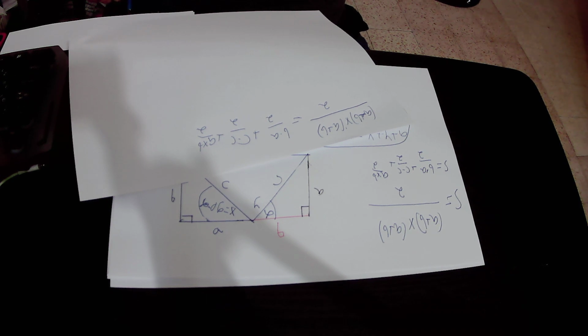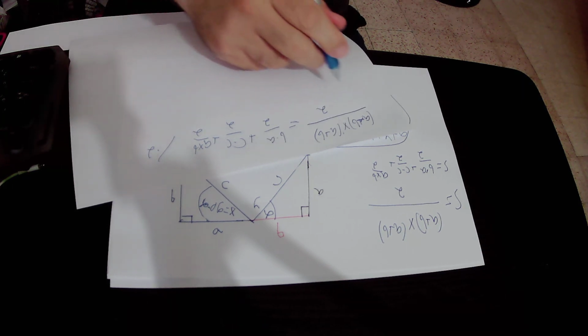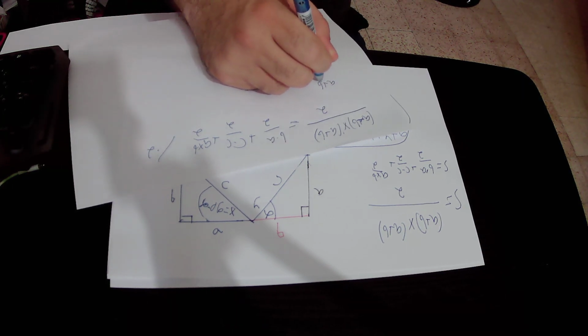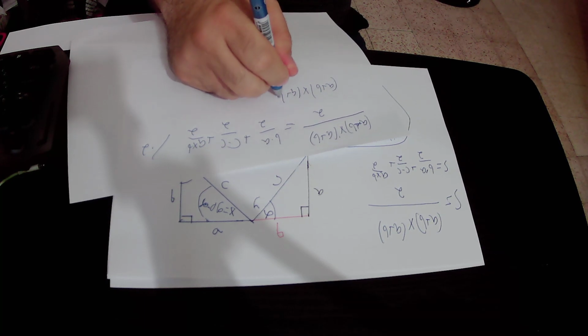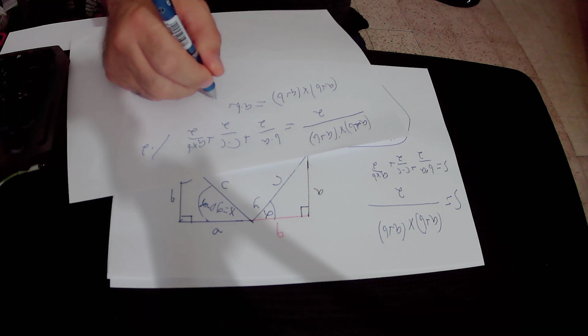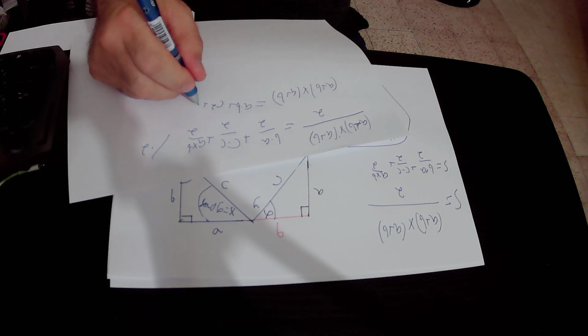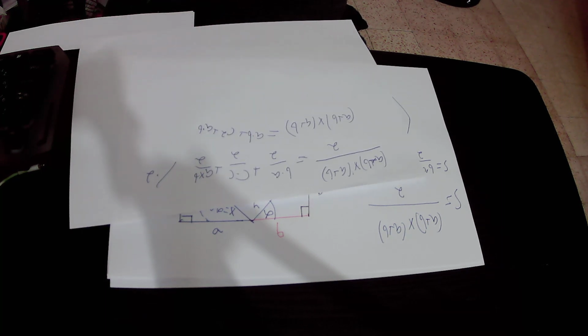First of all, we will multiply the two sides of the equation by 2. We'll get that A plus B times A plus B equals A times B plus C squared plus A times B. Then we can open the bracket in the right side of the equation.